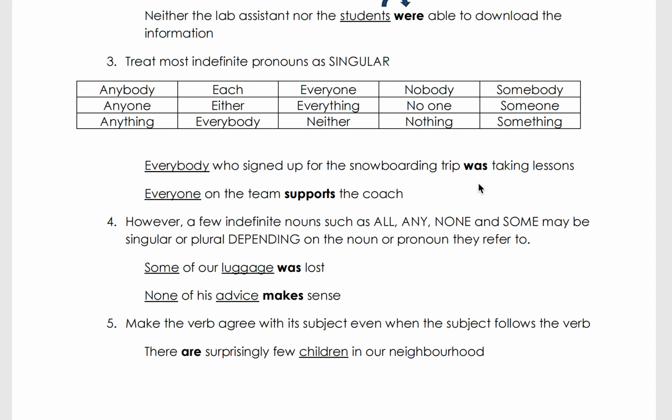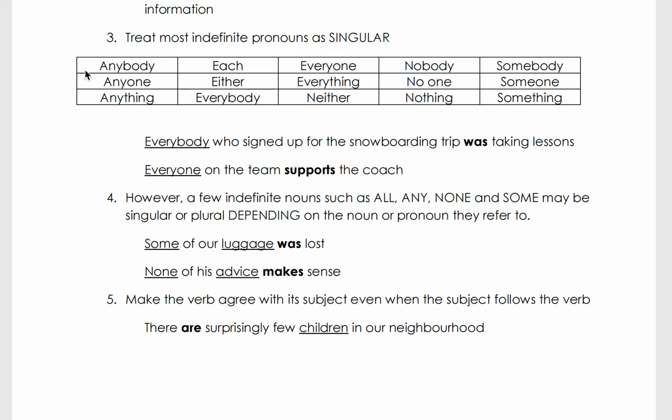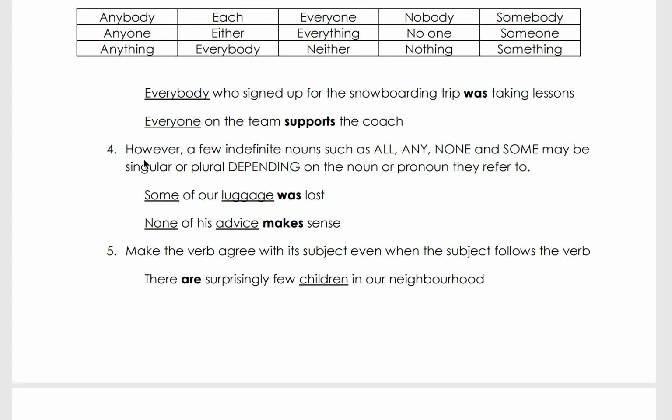Was is singular, or you can also use is depending on the context. Everyone on the team supports the coach. So supports must have an s, because of everyone. So always remember, when you find these in a sentence, the verb should always be singular.